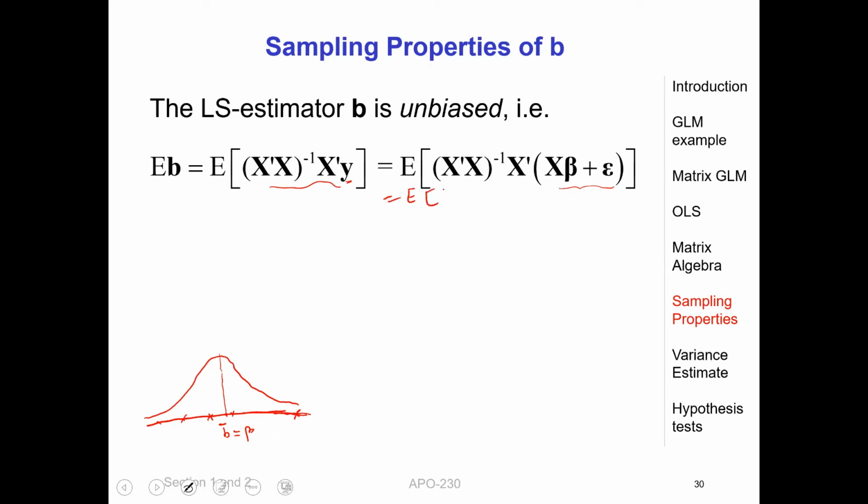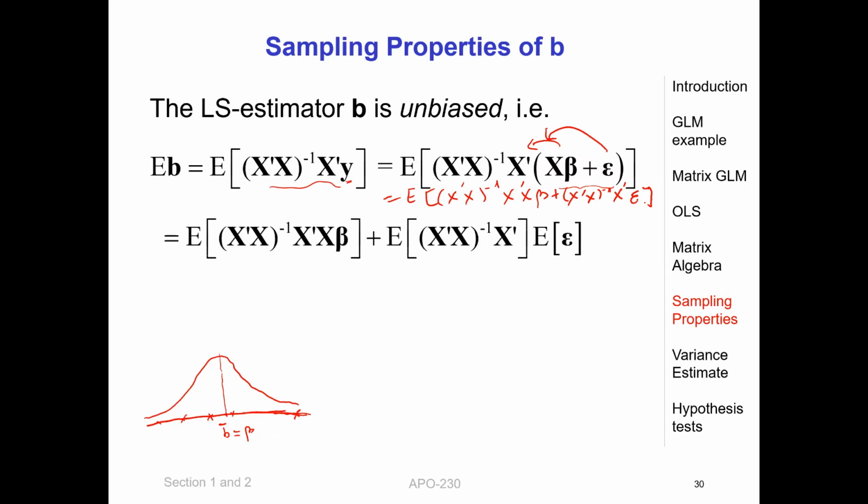So I have X prime X to the power minus 1 times X prime X beta, plus again X prime X to the power of minus 1, meaning inverse, times X prime epsilon. So this is what is inside that expectation operator.